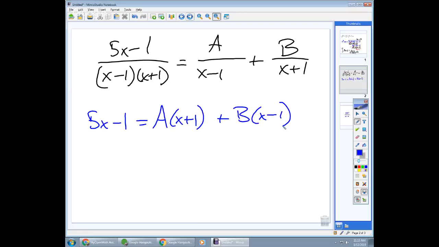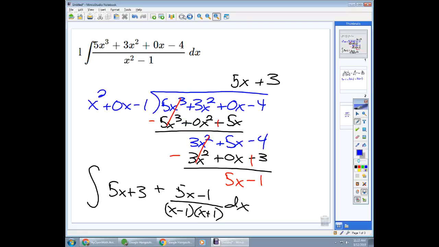Where did you get the 5x minus 1? That was the remainder of my long division here, if I didn't make a mistake. If we don't match, one of us has a mistake.